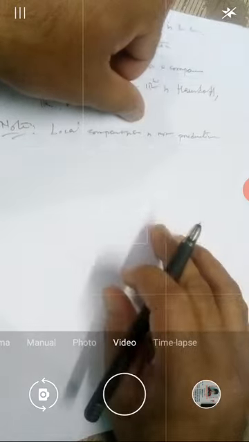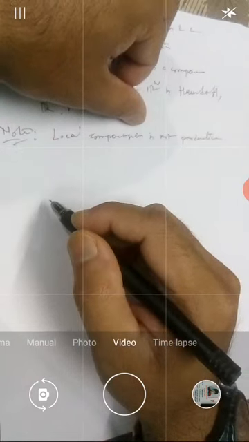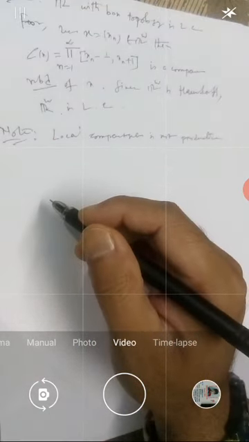So if you are asked to check whether local compactness is productive or not, you have to give the example of this R omega with product topology, show it is not locally compact, though R with usual topology is locally compact. And hence local compactness is not a productive property.